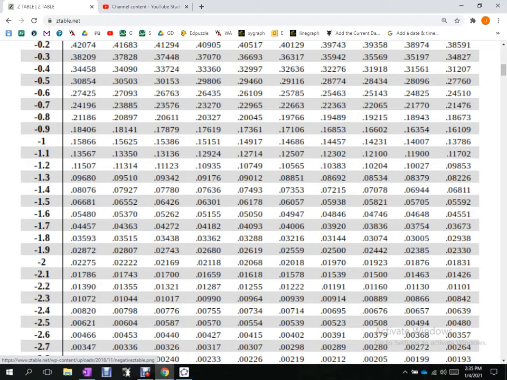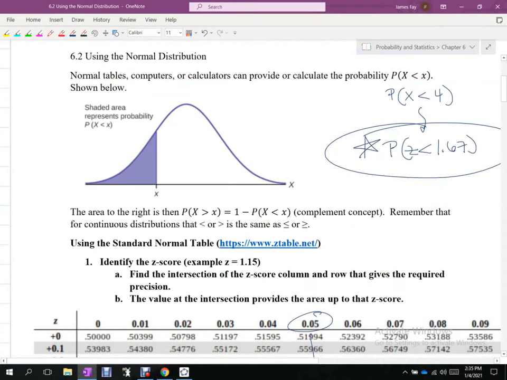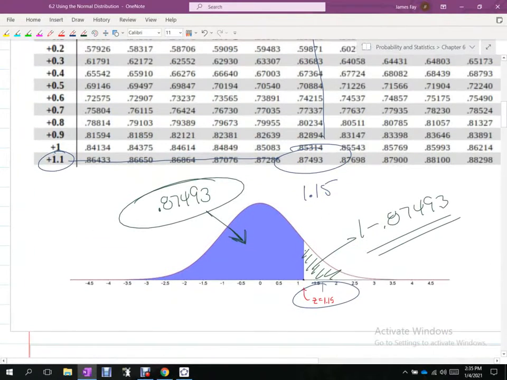But yeah, that'll work. Because with symmetry, if z is 1.15 and I have z as negative 1.15, that area there and that area there have to be the same because of the symmetric property.